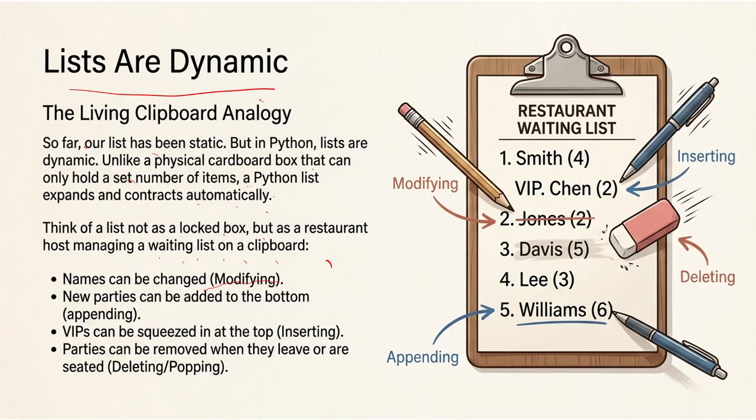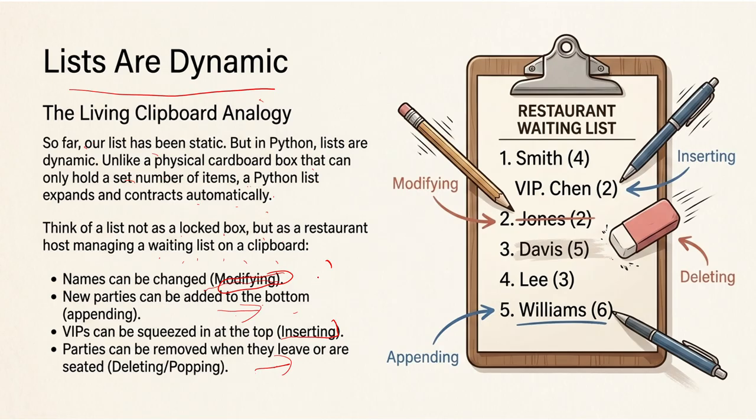He can also change the name of a person, which we call modifying. Then he can push VIP members to the top, which is like inserting an item at a certain index of the list. And he can even delete or remove some items, which we call popping and deleting items of the list. So now we will see all these operations: modifying, appending, inserting, deleting, and popping.